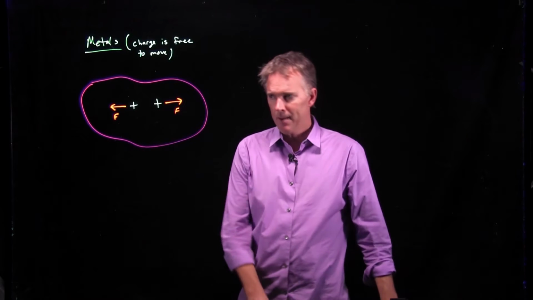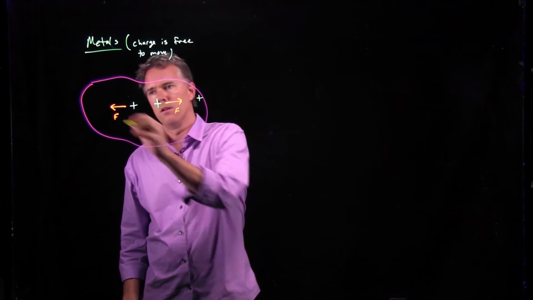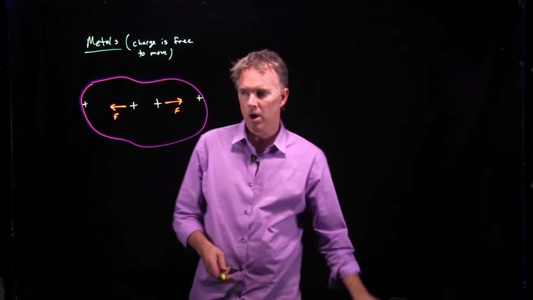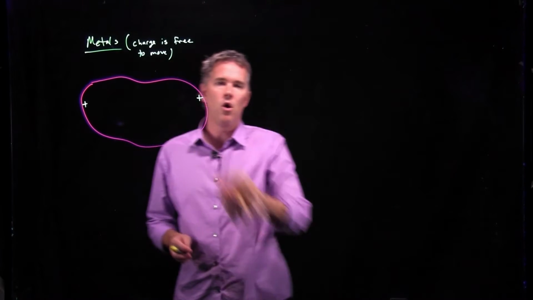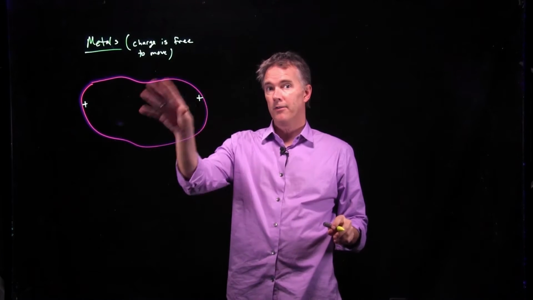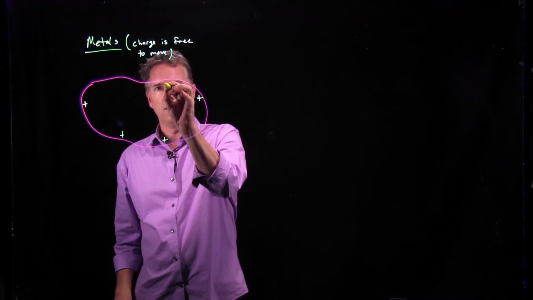And eventually what happens is they move all the way to the edge. They're no longer in the center. They have moved all the way to the edge. And in fact, if I put more charge on there, it's also going to move to the edge.